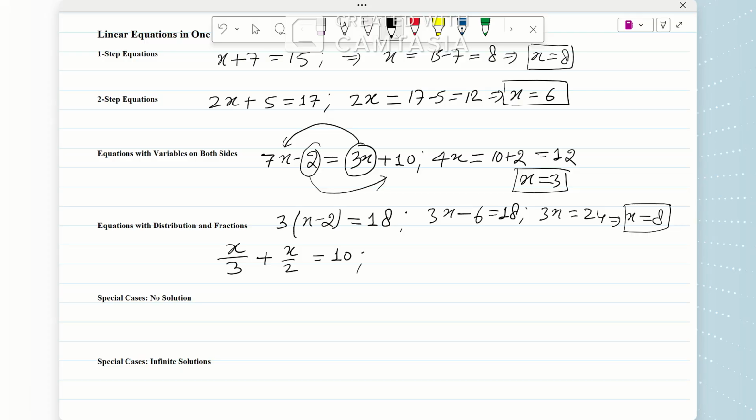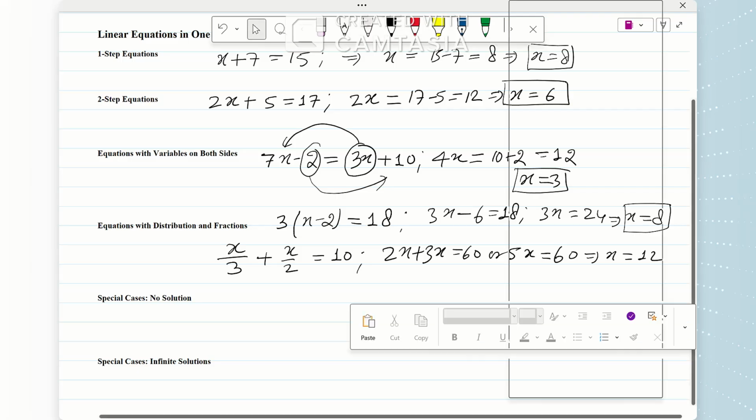So let's say the LCM of 3 and 2 is 6. So you can multiply the entire equation by 6. If you did that, you will have 2x plus 3x is equal to 60, or 5x is equal to 60. That will give you x is equal to 12. Okay.